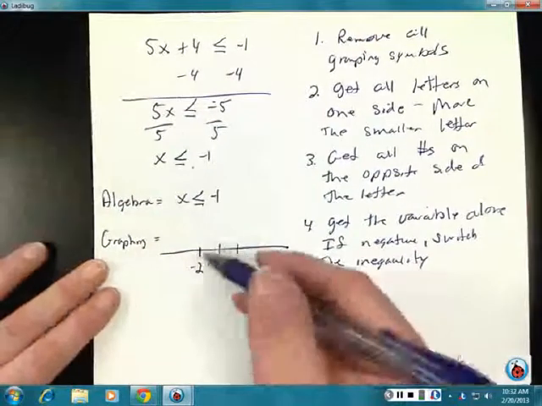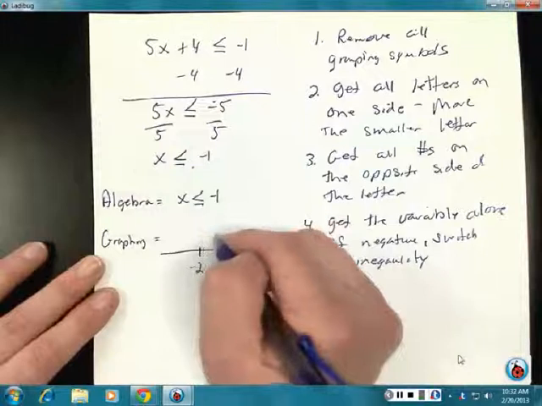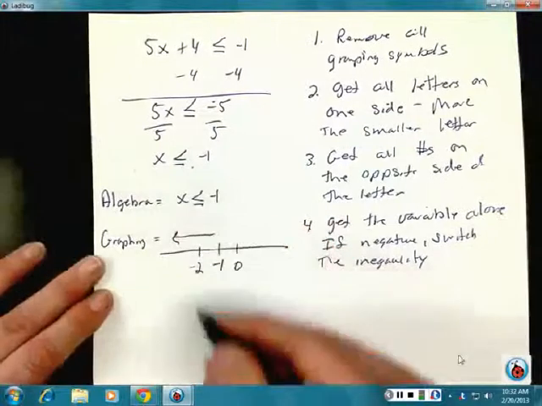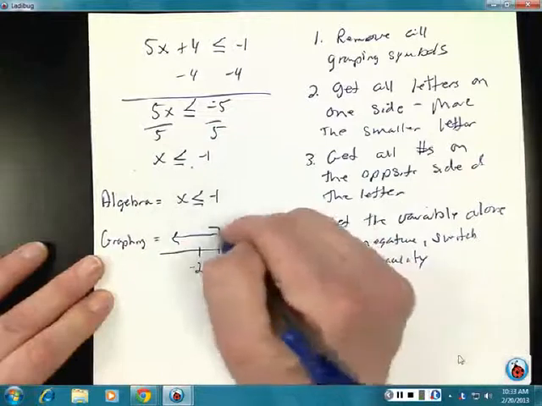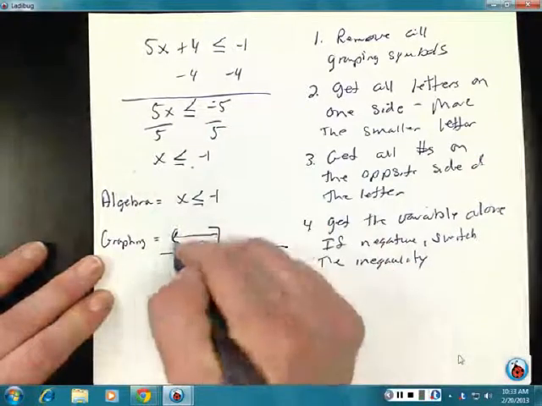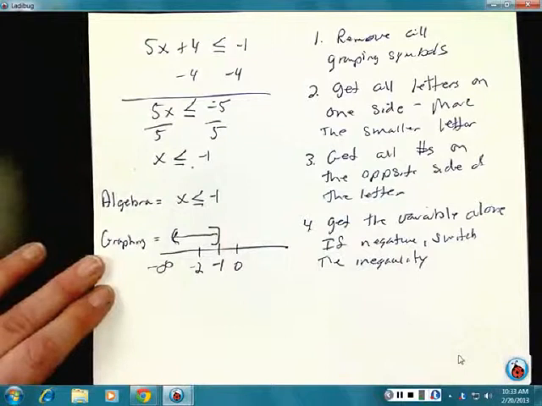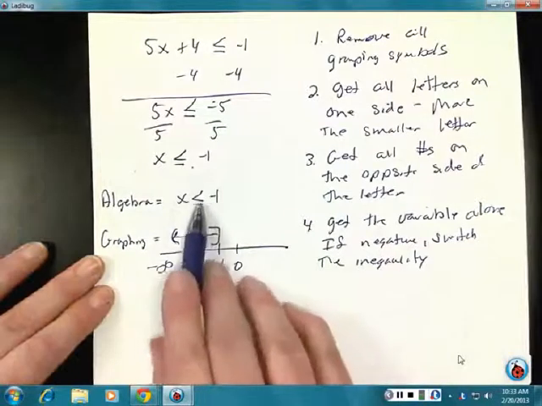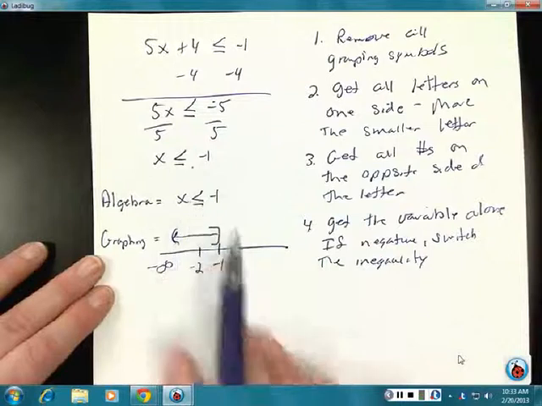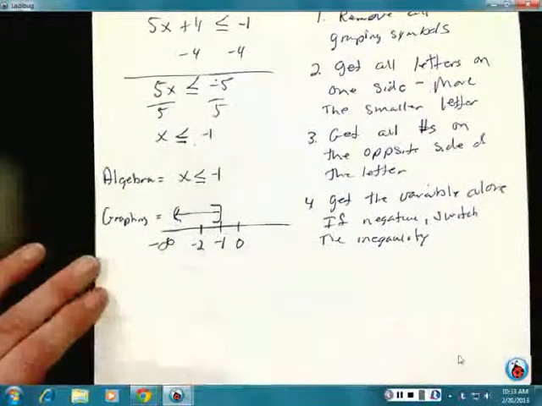What way are we going to go? To the right? Nope, to the left. And what do I put? Bracket over the -1, parenthesis over here, out to infinity. Interval notation, bracket because of the equals, heading out in that direction.